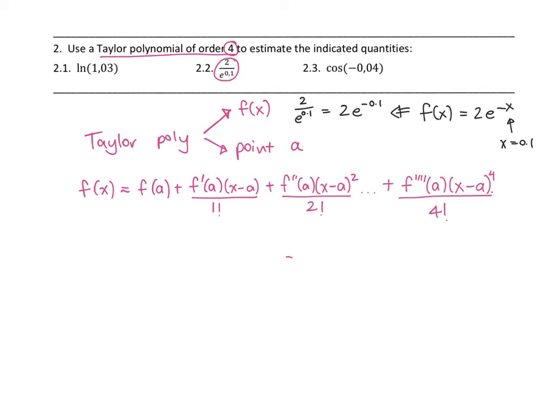So the function that we're going to find our Taylor approximation for is this guy. And the next thing that we want is the point a around which we're going to find our approximation. For this, it's generally a good idea to pick an easy a close to the value you want to estimate.